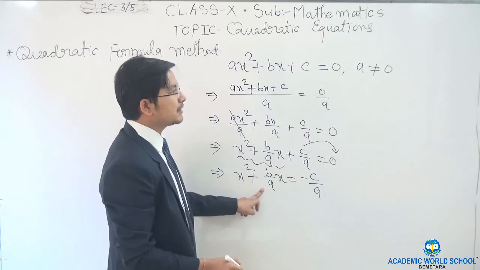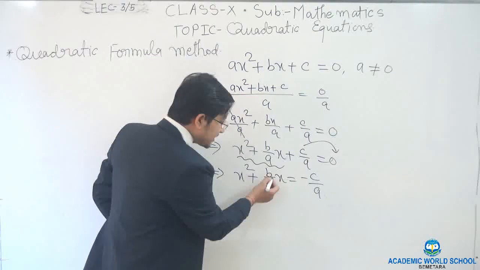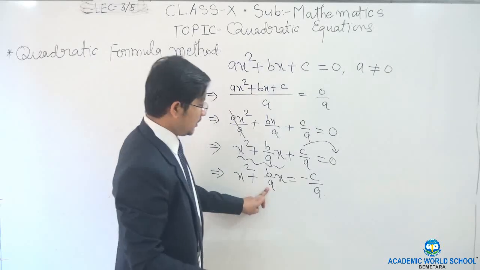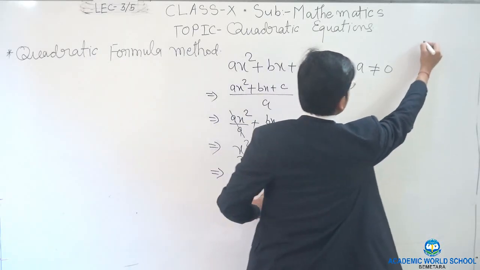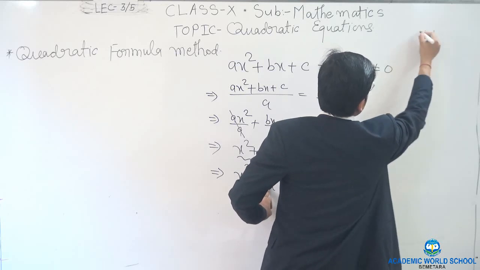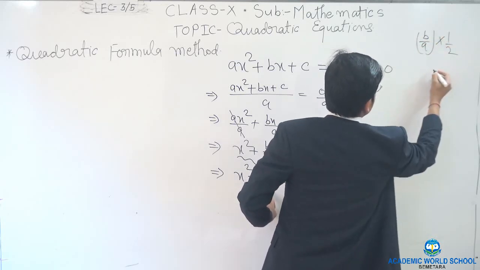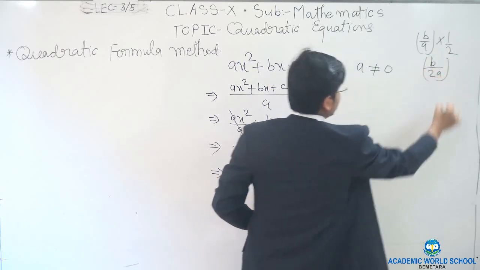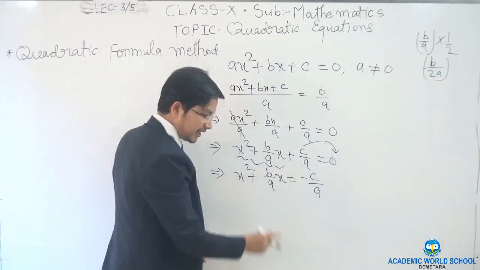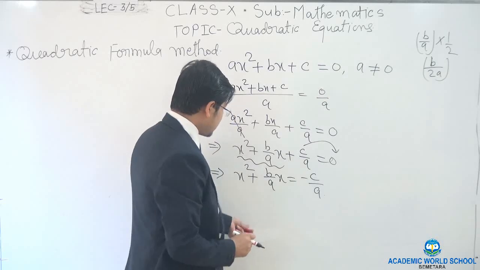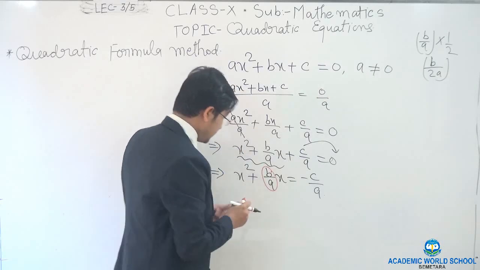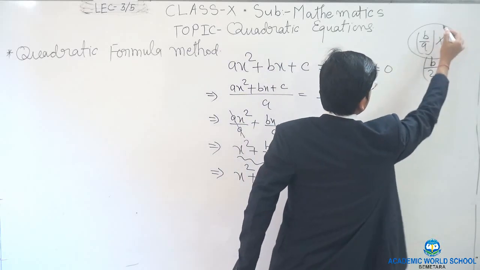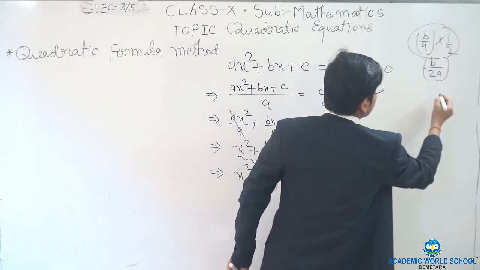Now what I have to do is, the coefficient of x is b upon a. So b upon a multiplied by half gives b upon 2a.